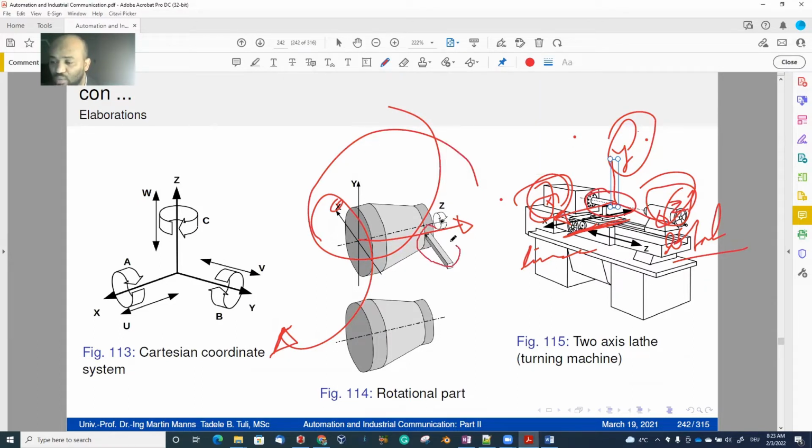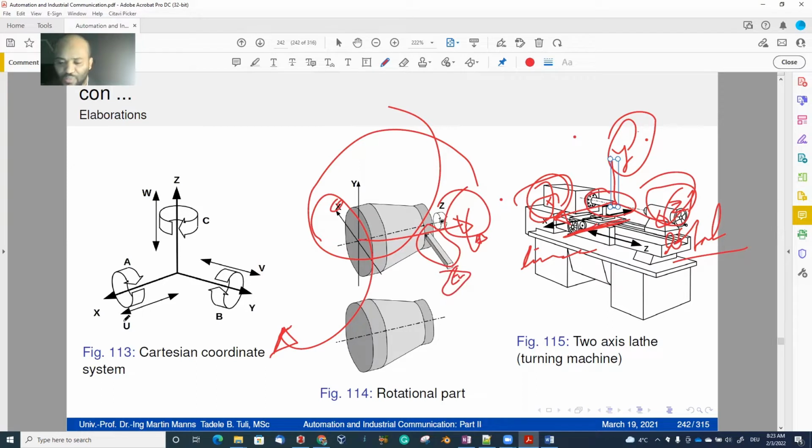This is the tool. Along this axis there is a translation, which is a linear movement. And here you have a rotation about the z-axis, which is a revolute movement. So it is a rotational movement here, and we have translational movement there.